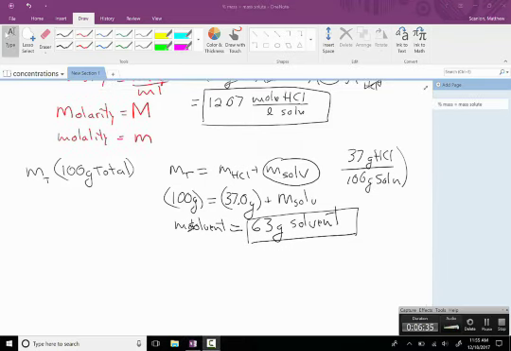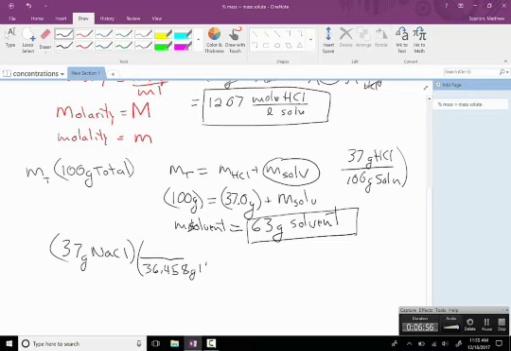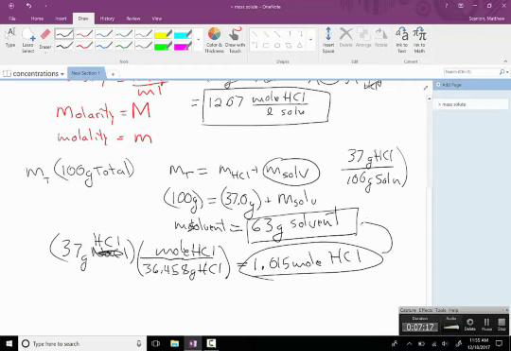So the moles: it was 37 grams of HCl, because I assumed 100 grams, times 1 mole of HCl per 36.458 grams of HCl. It gives me the moles of HCl, which is 1.015 moles of HCl.